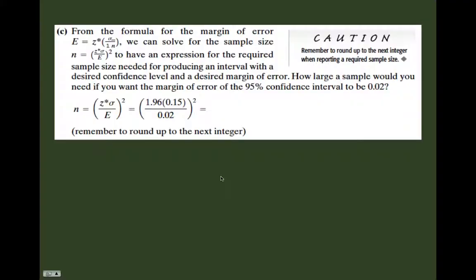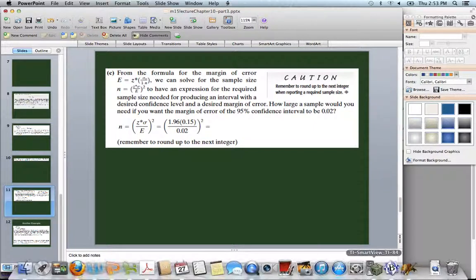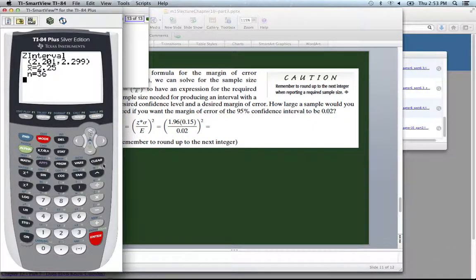Let's see. So let's do the calculation and figure out how big this sample needs to be. So we got 1.96 times 0.15 divided by 0.02, whole quantity squared.